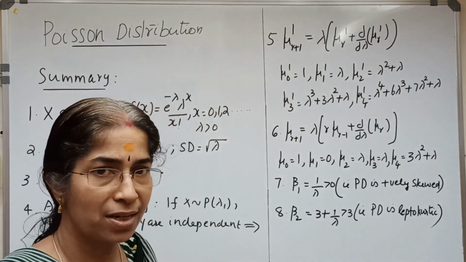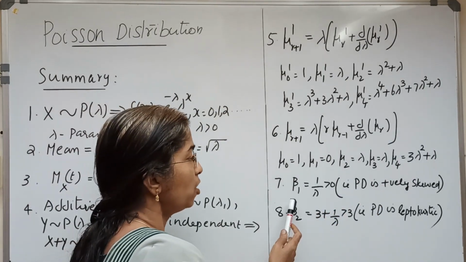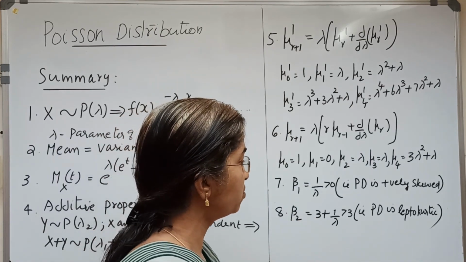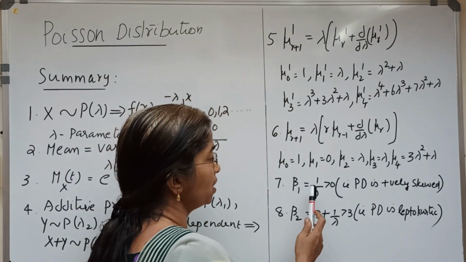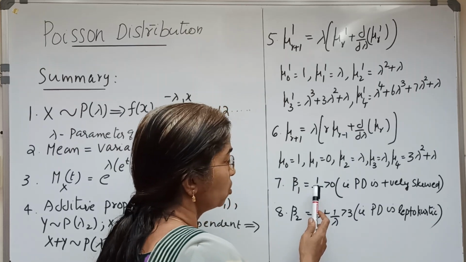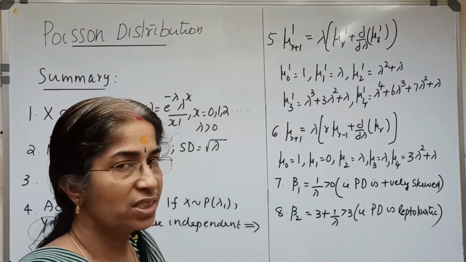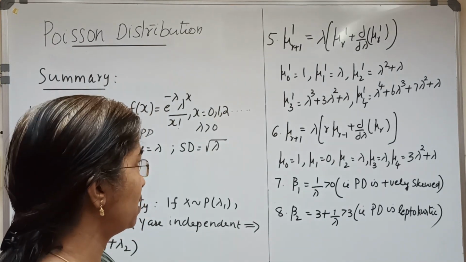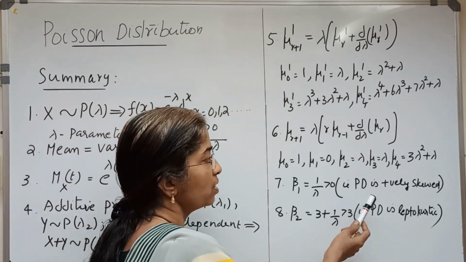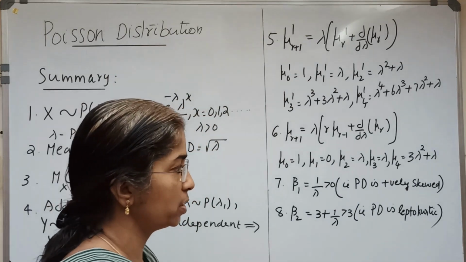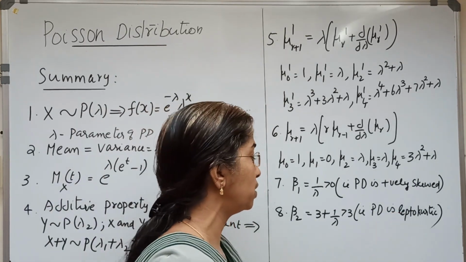Now beta 1, the measure of skewness, is mu 3 square by mu 2 cube. So for Poisson, it equals 1 by lambda, which is greater than 0, as lambda is greater than 0. That is, Poisson distribution is positively skewed.